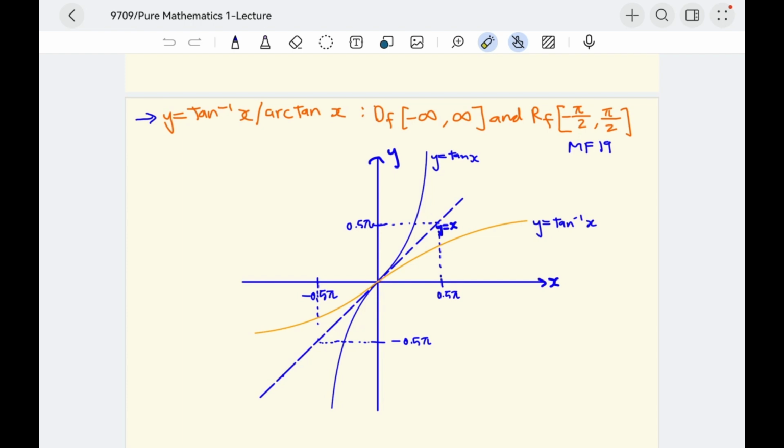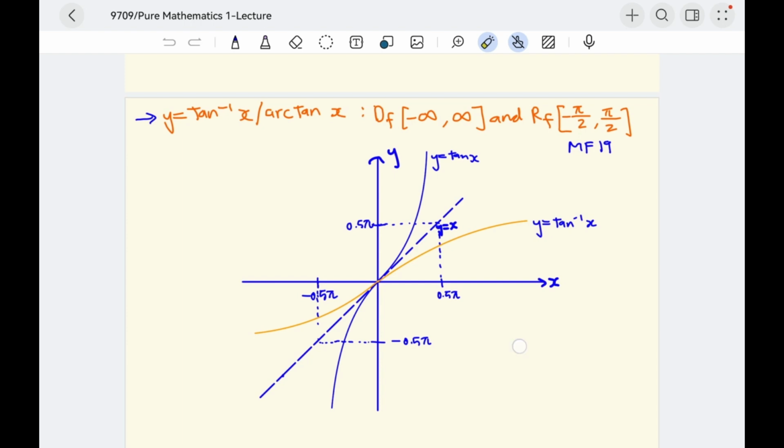So it turns out that the domain and range of arctangent are basically exchangeable with those of the ordinary tangent graph, only in this interval, to make tan x defined.